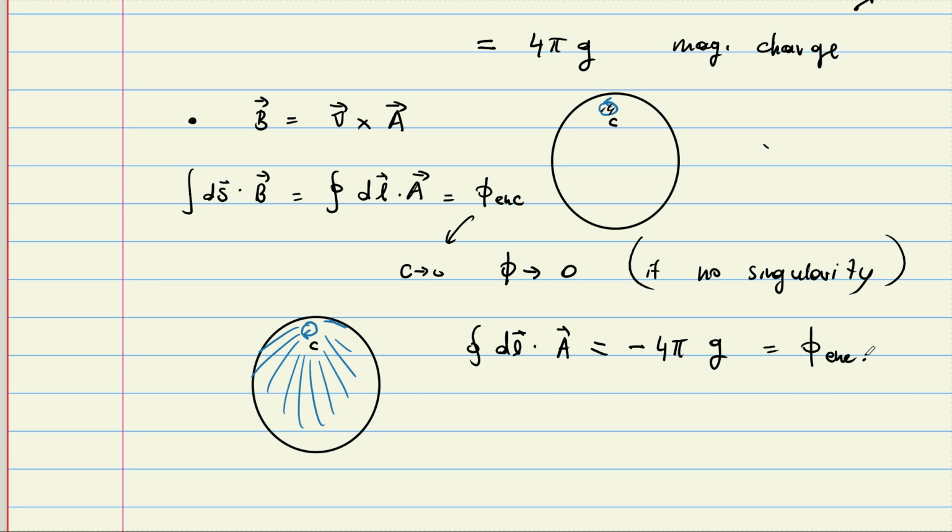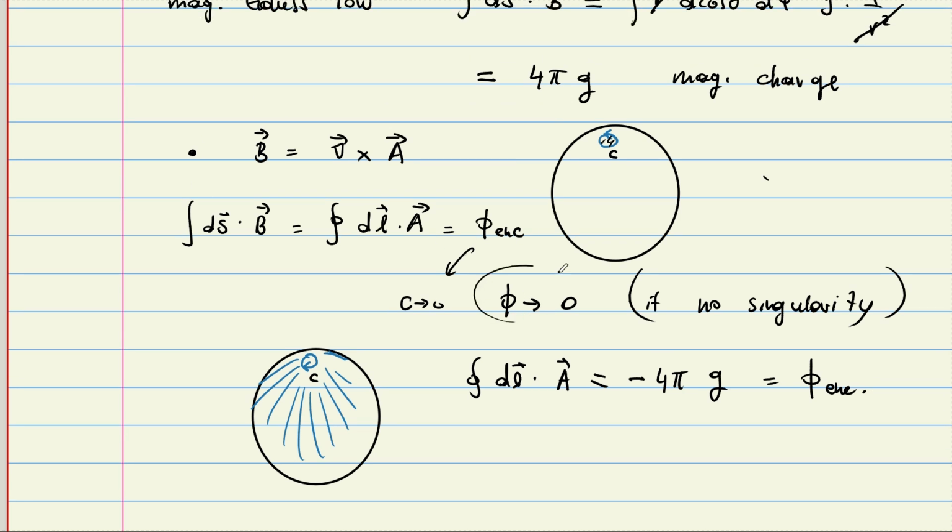But we initially found the flux to be 0, and now we are saying the flux is not 0, the flux is 4 pi G. But again, inside the contour and outside the contour, there must be similarities, right? Now we are coming to this. If these two results do not give me exactly the same result, I come to the conclusion there has to be a singularity punching through the sphere at some point. There must be some singularity coming inside the sphere.